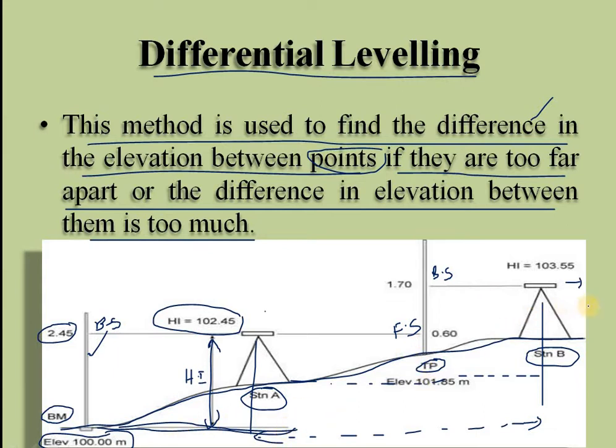We can calculate the RL of B also, and you can observe the FS is 0.60 and the backside is 1.70, and here we get the height of the instrument, 103.55. We get this height of the instrument by adding the backside to the elevation 101.85: 101.85 plus 1.70 gives 103.55.